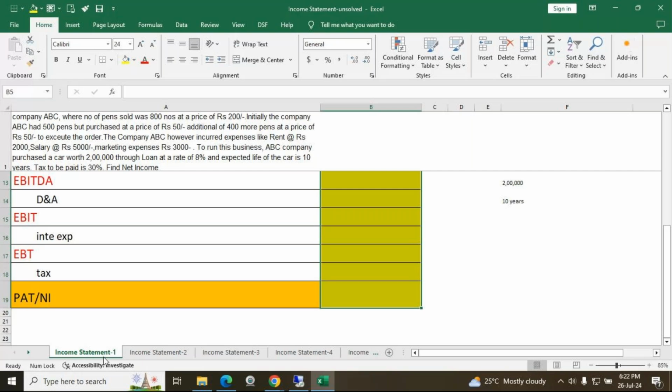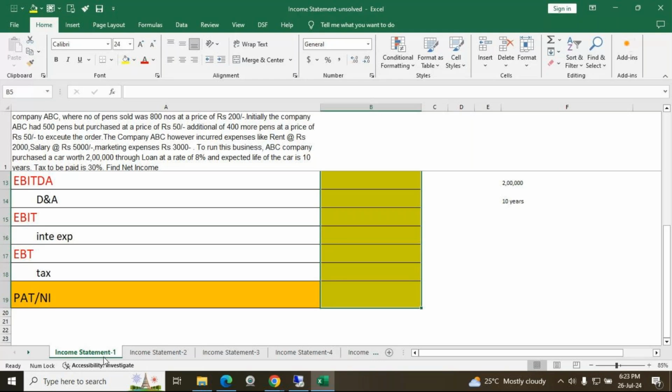It can be rent related to the building. Raw materials, labor. Yes, very good. It can be raw materials, factory rent, cost of fuel, carriage inward, wages. All those things come under operating expenses or direct expenses.